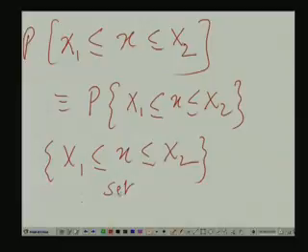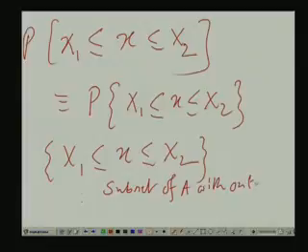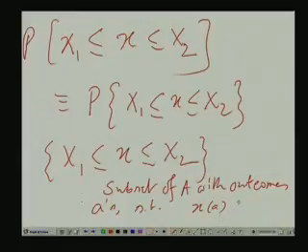It is a set of, rather I would say a subset, with outcomes so that the random variable takes a value less than or equal to x 2, greater than or equal to x 1.